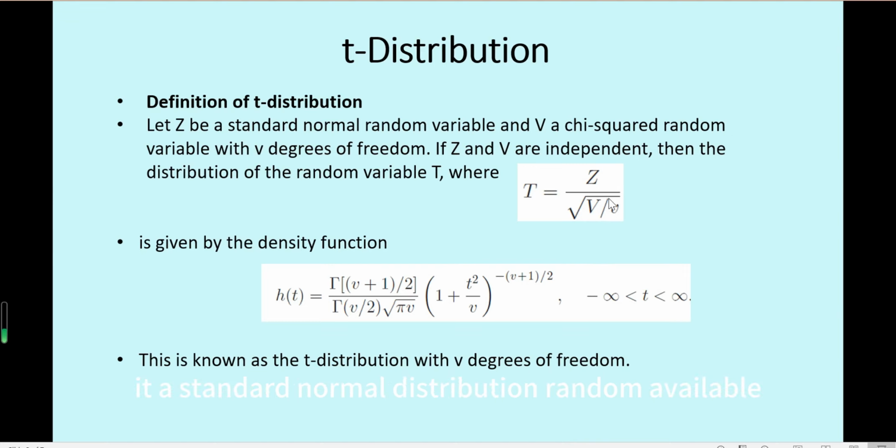Here Z is a standard normal random variable, and V is a chi-squared random variable. Then small v is the degrees of freedom of this chi-square random variable. So the square root is in the denominator, and this term, called t, follows a t-distribution with v degrees of freedom, and its density function is quite complicated.